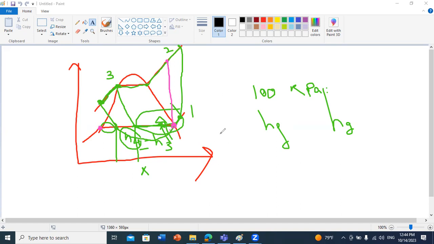Other question? Okay. Now we can start to find the important properties here.